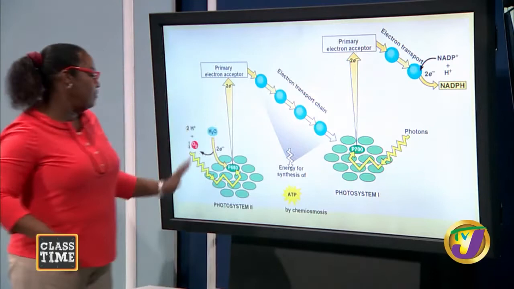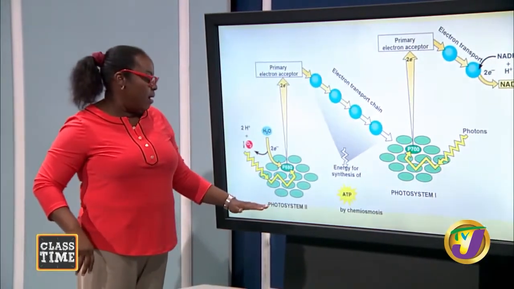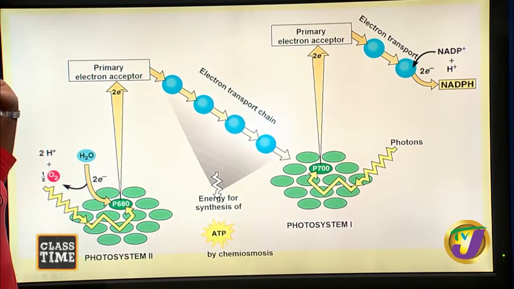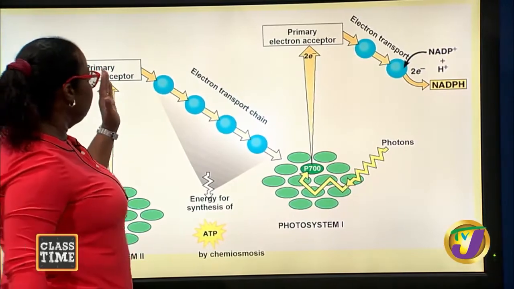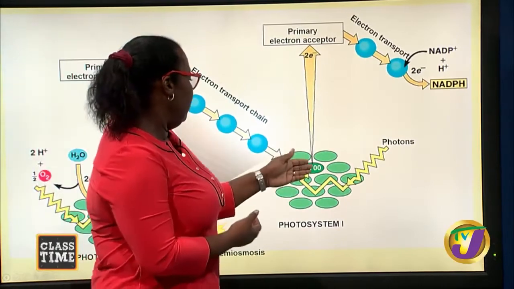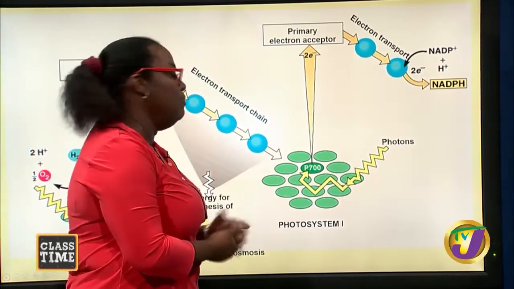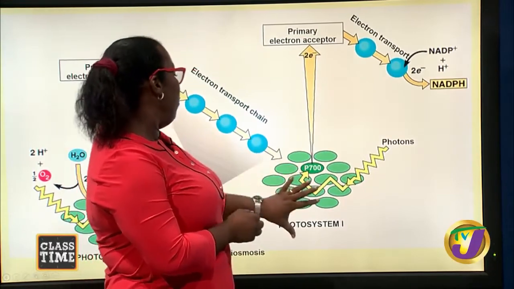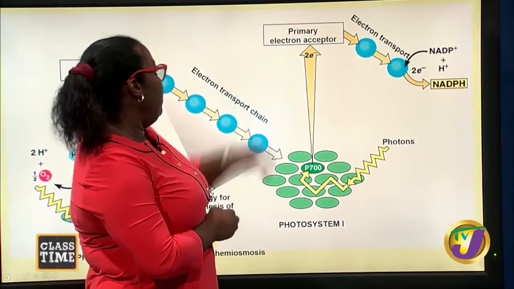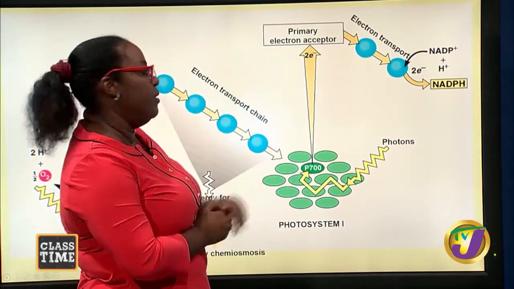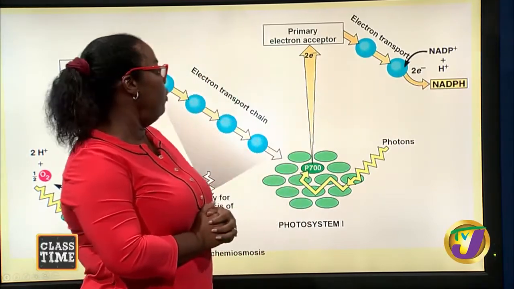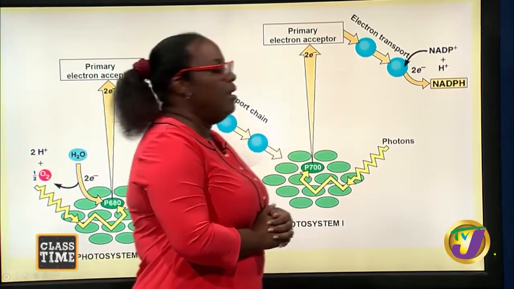And so here we have it, starting from photosystem 2, with P680 getting all excited and losing 2 electrons. And then those 2 electrons get passed on from molecule to molecule until it reaches P700, where photosystem 1 is. And P700 already had lost 2 of its electrons because of getting excited from the light and being accepted by a primary electron acceptor, and then passed down to several molecules till eventually making NADPH.